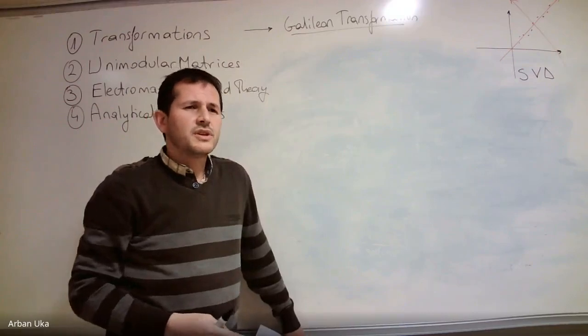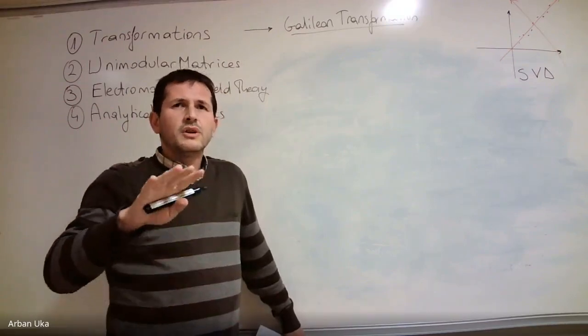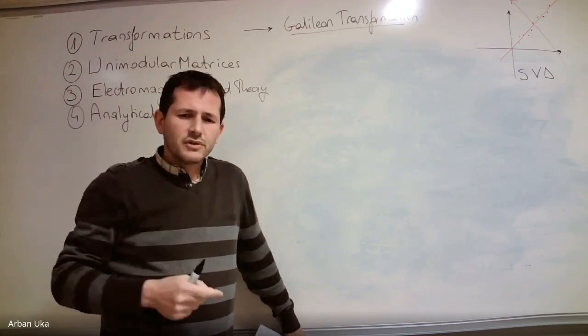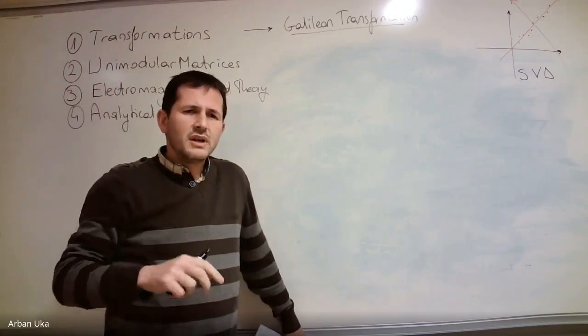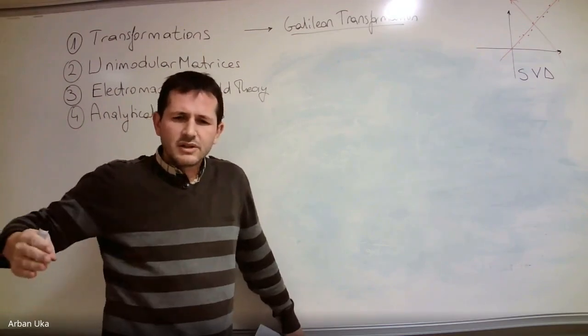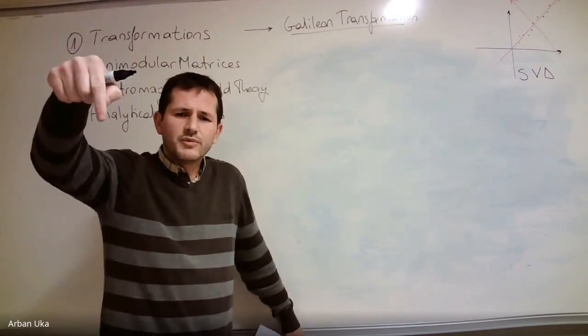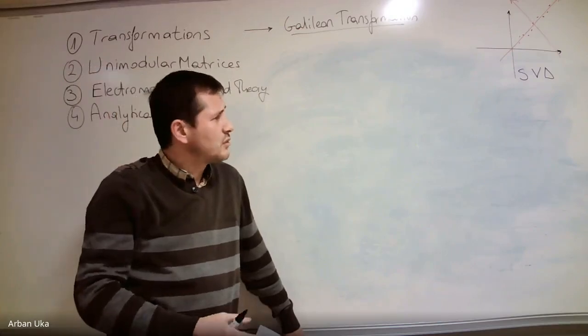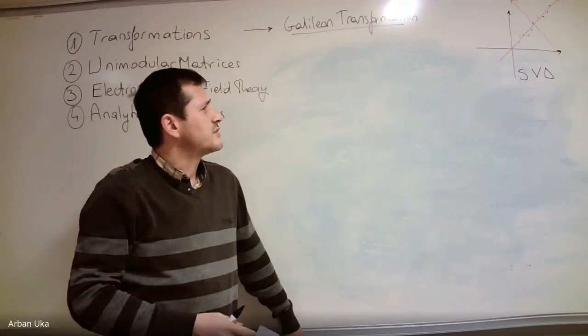The simplest transformation is this one: you are observing an object that is moving in front of you, and all you can do is change the angle from which you are looking at the problem. So you can move, let's say, 30° with respect to the object that is moving in its reference frame. That's one possibility for how you can define this transformation.